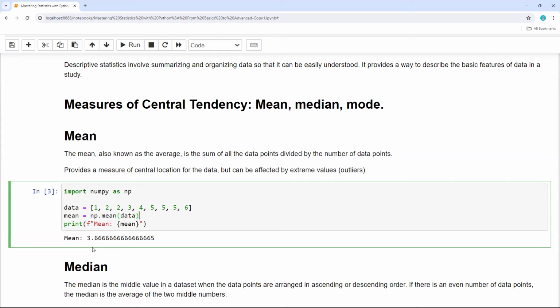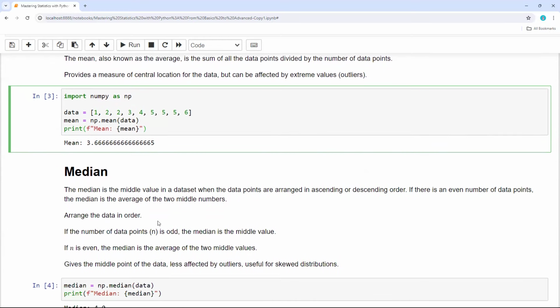That is how we calculate the mean: the sum of all the data points divided by the number of data points. If you are working with any data and want to calculate it using numpy or Python, this is the syntax to compute the mean value.